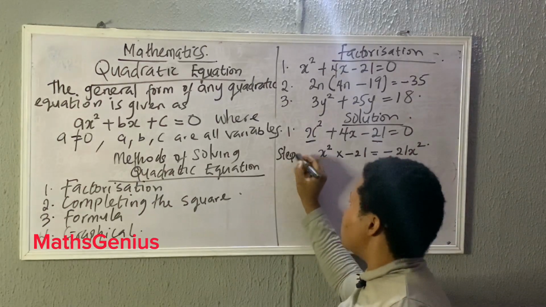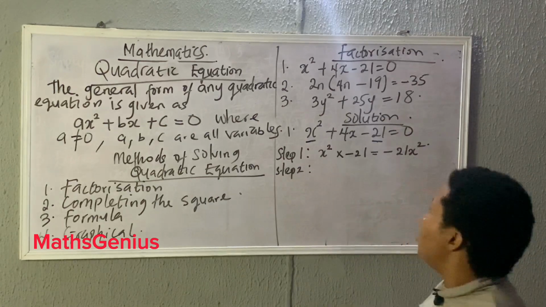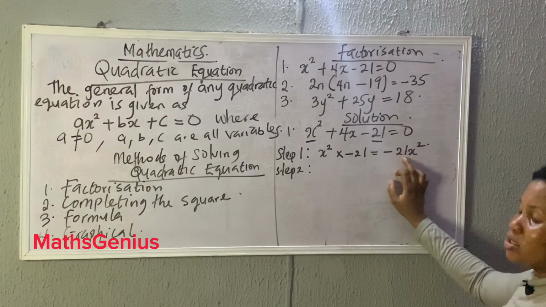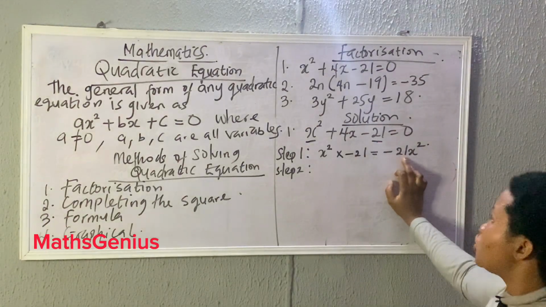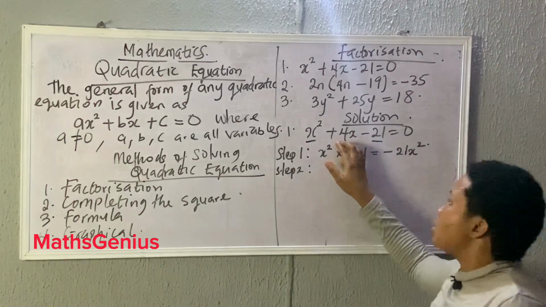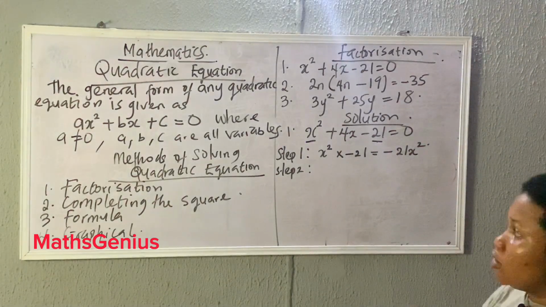That's our step 1. For our step 2, we are going to look for the factors of minus 21, factors of 21, such that when we add or subtract, it must give us the middle one, that's plus 4x. And what are those factors of 21?